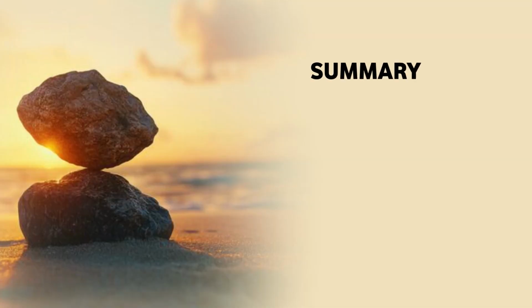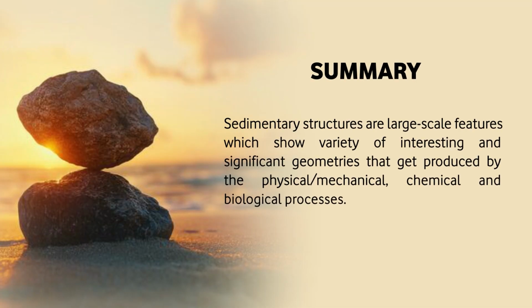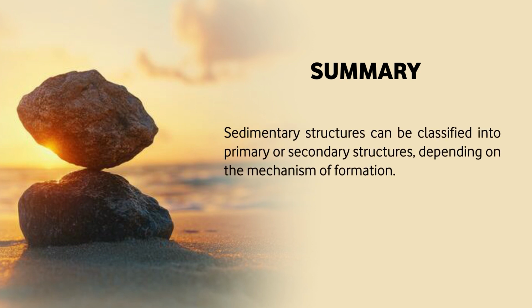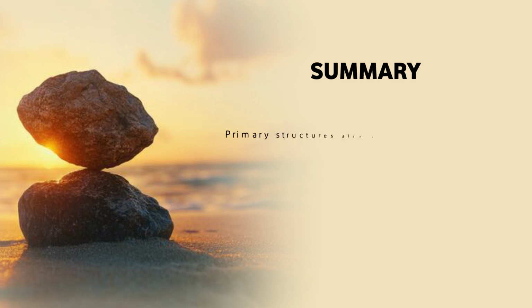Now in summarizing, we discussed the sedimentary structures and large scale features which show a variety of interesting and significant geometries that get produced by the physical, chemical, and biological processes. Sedimentary structures can be classified into primary or secondary structures depending on the mechanism of formation.